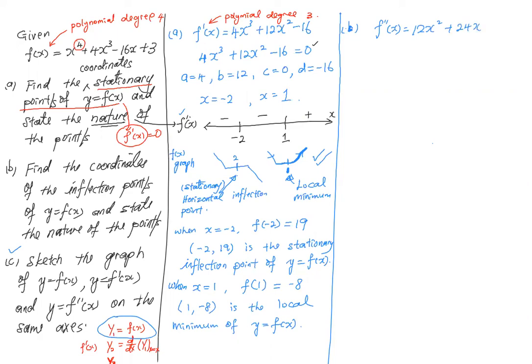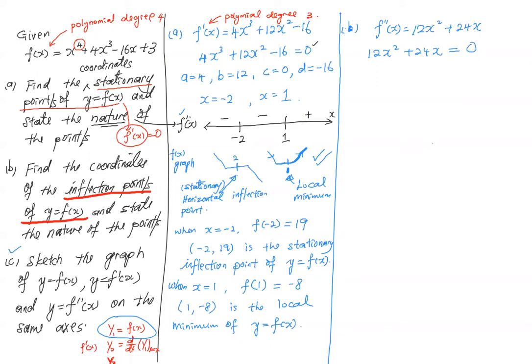Right? So you want to find the inflection point of y equal to f(x), which means that f''(x) must be equal to 0. So you have 12x squared plus 24x equal to 0. Now what are you going to do?